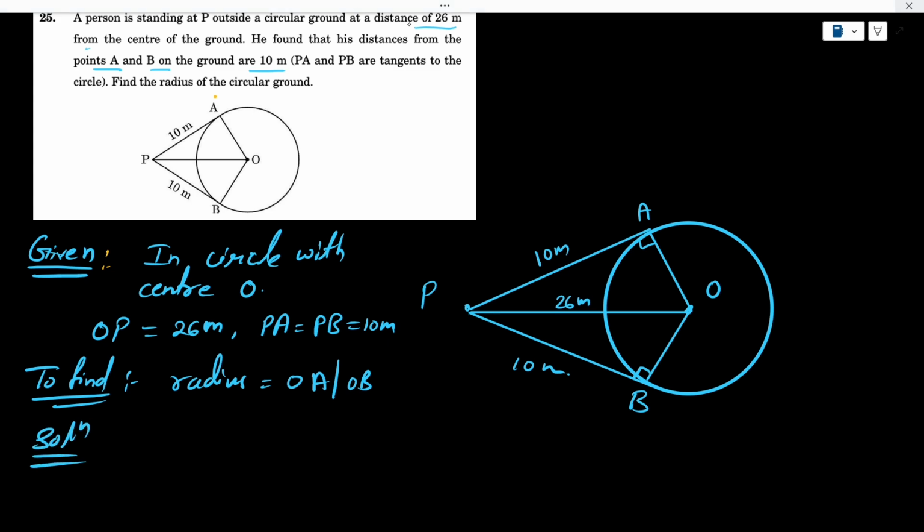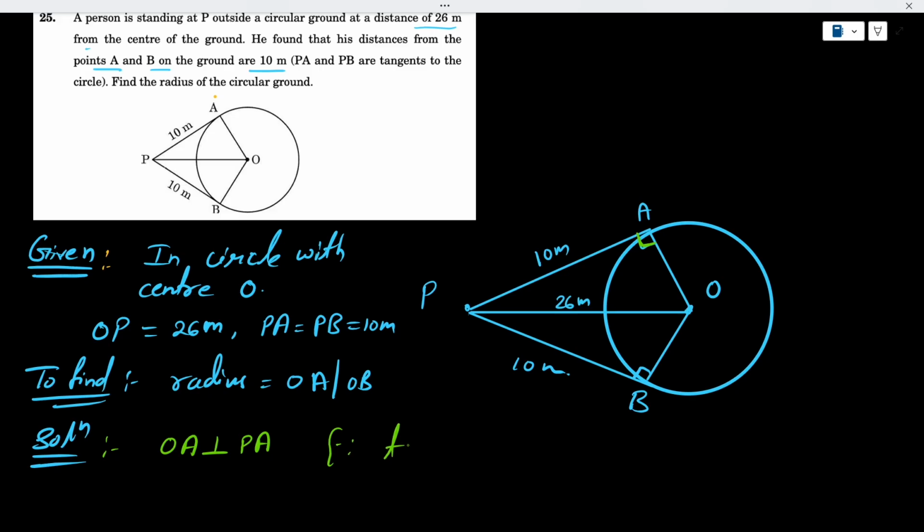Now remember, whenever you have a circle, most of the time you get a right triangle, so you are going to use the Pythagoras theorem to solve it. How are we going to do it here first? I have already written 90-degree here, but you need to mention why it is 90-degree. So you write down here OA is perpendicular to PA. Any one is also fine. Why is it perpendicular to PA?